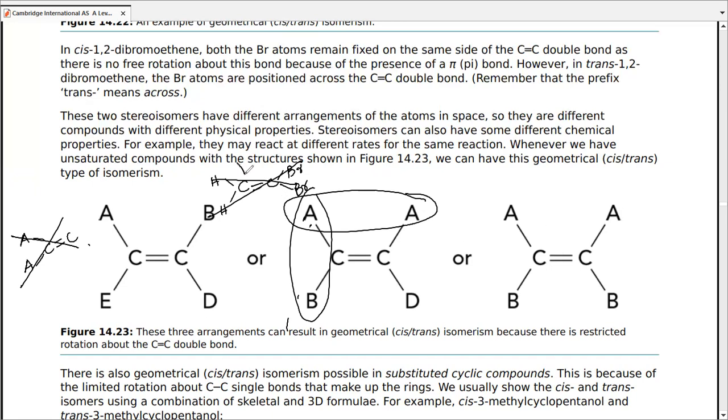So by giving you this specific example, the point I'm trying to make is sometimes they do write the structures like this and then go on with writing the whole formula. It won't be a cis-trans or geometrical isomer if it starts with CH2 for the doubly bonded carbon atom, because that means there are two hydrogens on the same carbon atom. And if there are two same elements on the carbon atom, it's not a geometrical isomer.